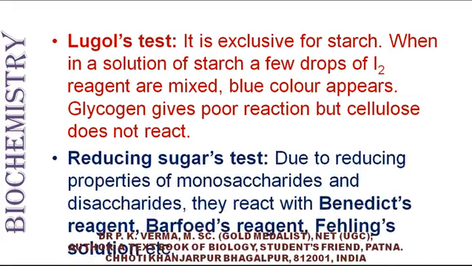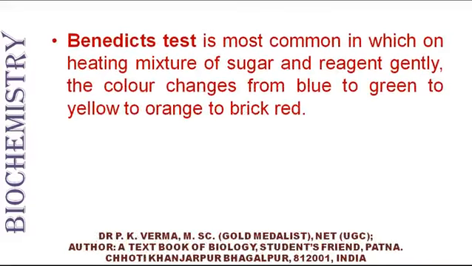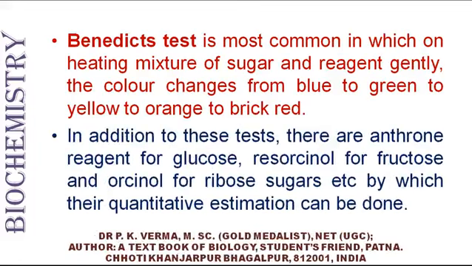For test of reducing sugars, Benedict's reagent, Barfoed's reagent, Fehling solution, etc. can be used. Benedict test is most common, in which on heating mixture of sugar and reagent gently, the color changes from blue to green to yellow to orange and finally to brick red. So depending on the concentration of sugar, there is different types of coloration in the mixture.